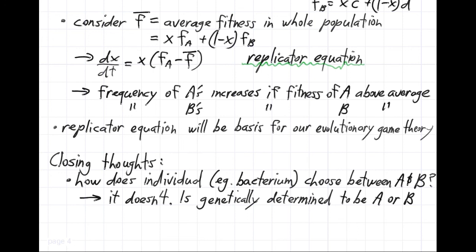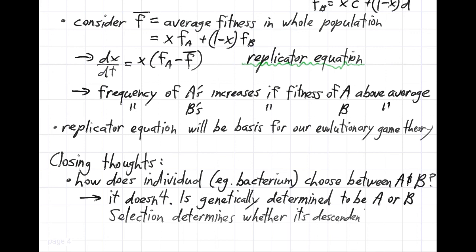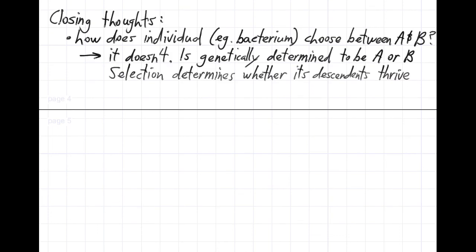So there's no choice of the individuals in this case. And so what happens is selection determines whether this bacterium's descendants thrive, whether they become more or less frequent in the population.